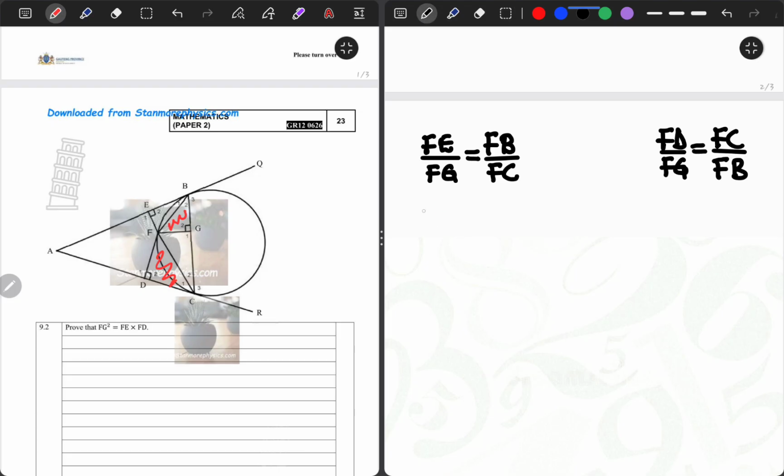So here will be FE over FC equals to FB over FG.